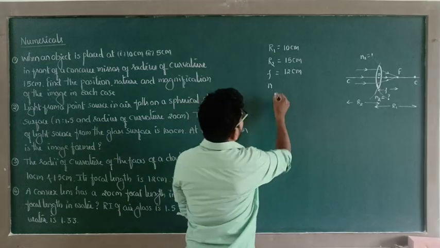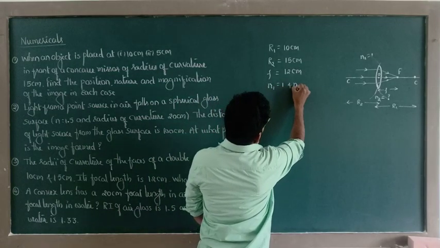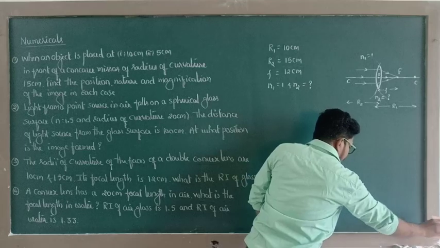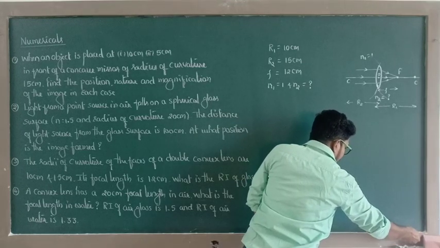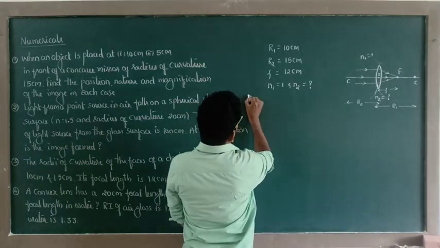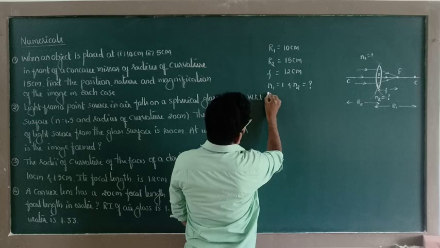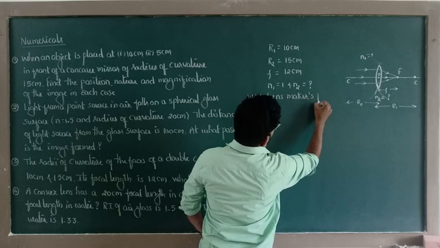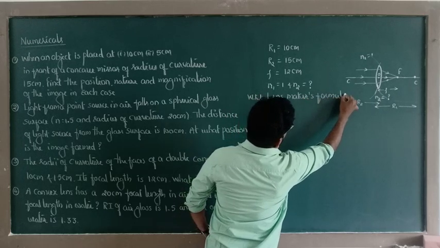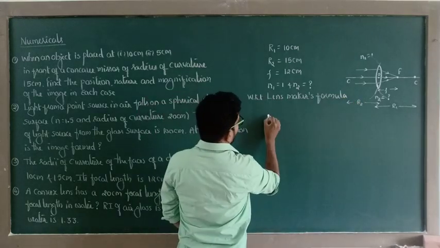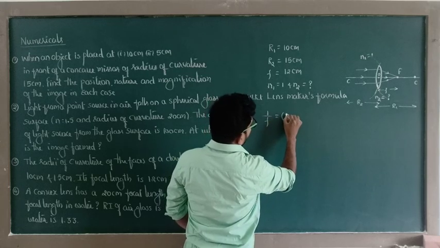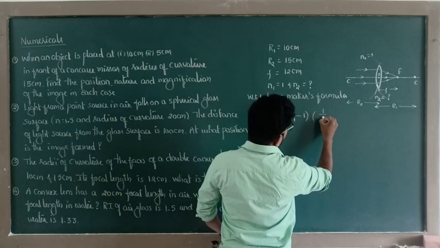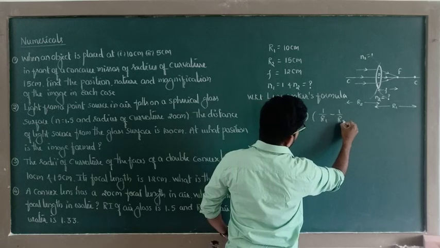Therefore here N1 is equal to 1 and N2 is unknown. In the case of a lens, we know the lens maker's formula: 1 by f is equal to (n21 minus 1) into (1 by R1 minus 1 by R2).